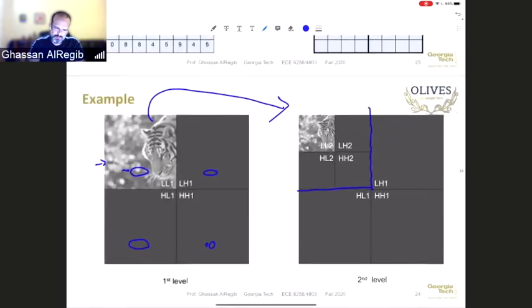So this has become LL2, which size-wise is 1/4 of the original image, and then I have these approximations here, here, and here. One thing you have to keep in mind is that if I don't have LH2, HH2, or HL2, then I cannot really calculate LH1, HH1, and HL1. There is that dependency, right?